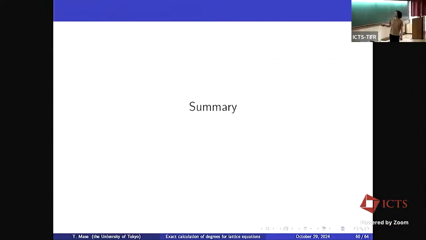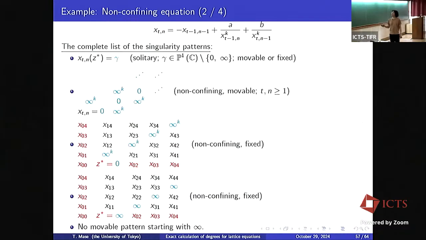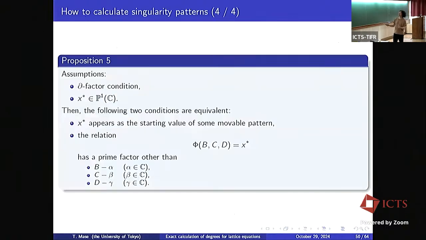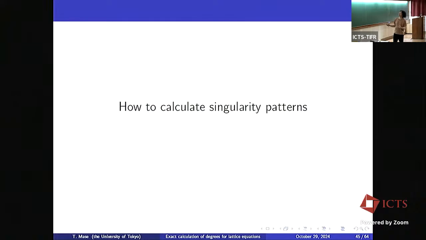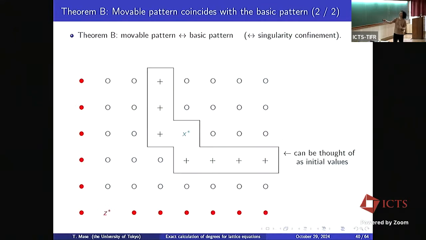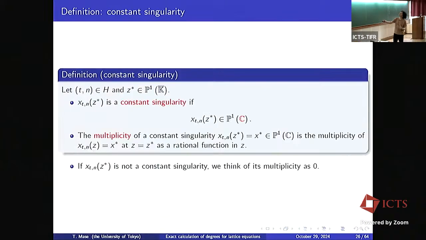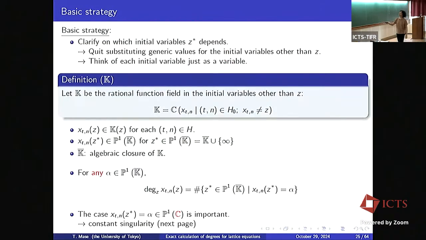Yeah, so if we work on the total degree, all these values must be degree 1, right? So all these values must contain z. So it's not very easy to extend my theory, because the key idea is to clarify on which initial variables z star depends.